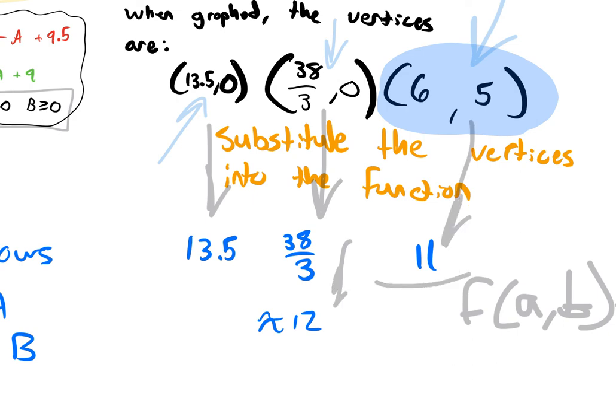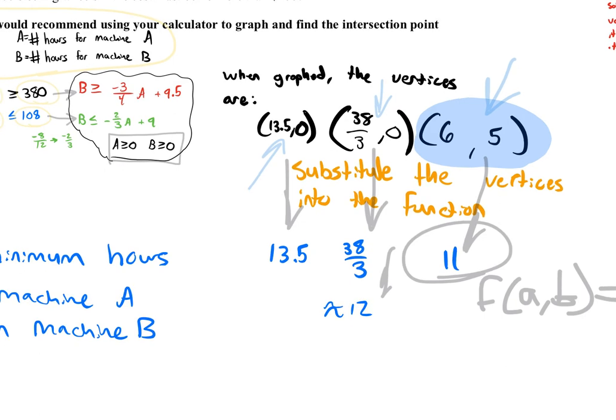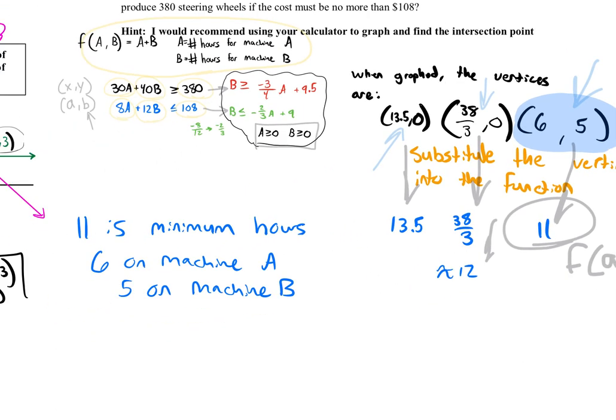But then this one was only 11 hours. So the answer to this is it's going to take 11 hours minimum, 6 hours on machine A, 5 hours on machine B. And if you run the machine for those hours, we made enough steering wheels, at least 380, and we also kept the cost below $108.